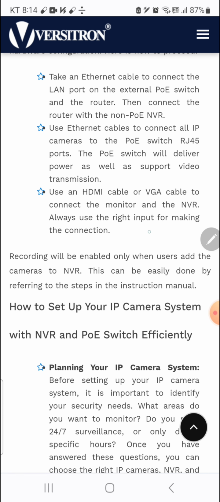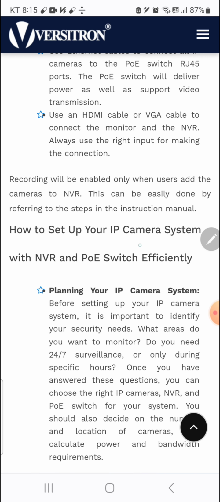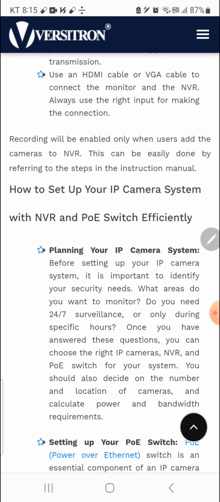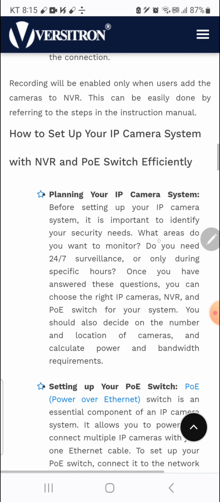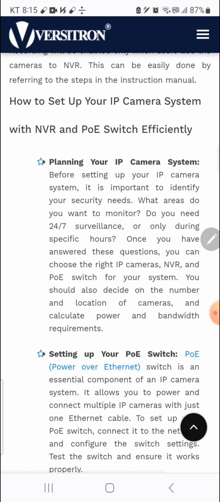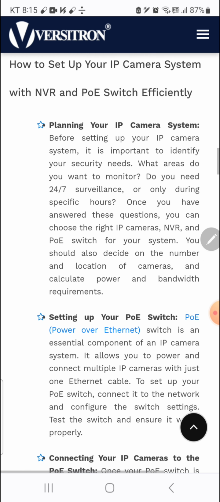Use an HDMI cable or VGA cable to connect the monitor and the NVR. Always use the right input for making the connection. Recording will be enabled only when users add the cameras to the NVR. This can be easily done by referring to the steps in the instruction manual. How to set up your IP camera system with NVR and PoE switch efficiently.